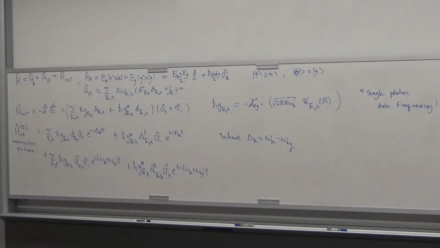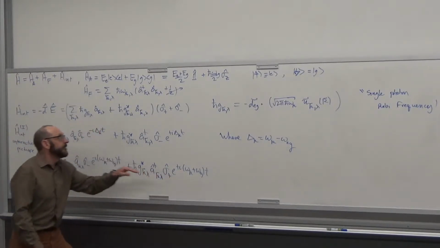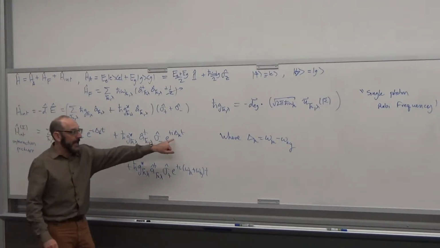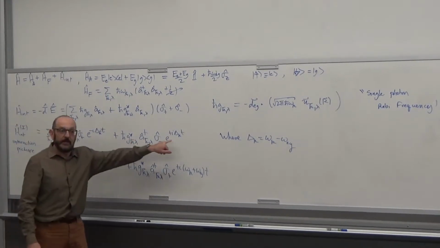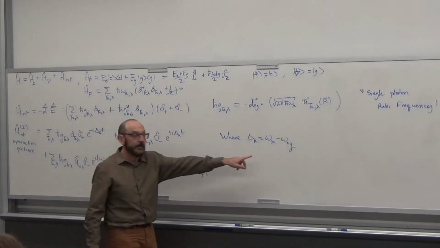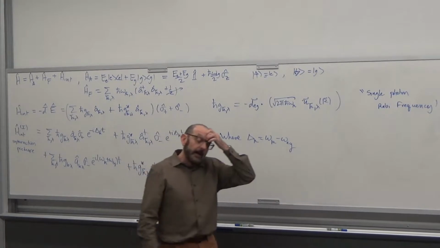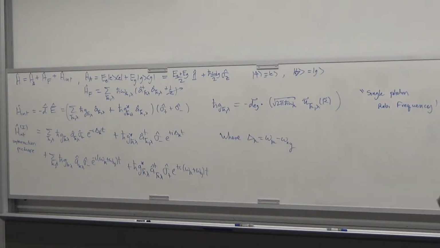Okay? So, as we discussed last time, these terms are the anti-resonant terms, and these are the terms that can contribute to resonant phenomena when the frequency of the photon is at or near to the resonance frequency of our 2-level atom.